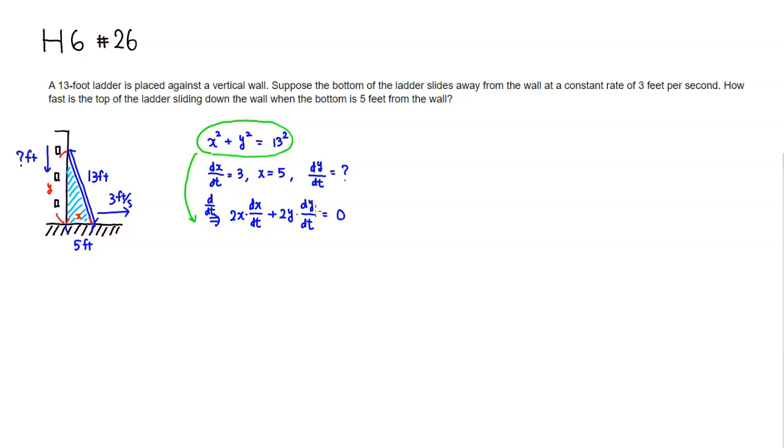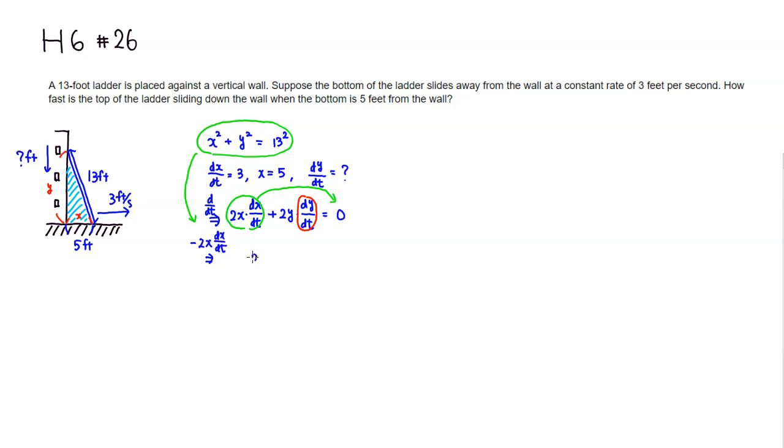Since we're interested in finding dy over dt, I'm going to solve for it. First, I'm going to move this term to the right-hand side by subtracting 2x dx over dt.